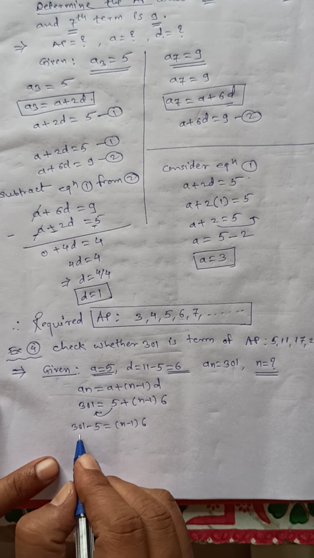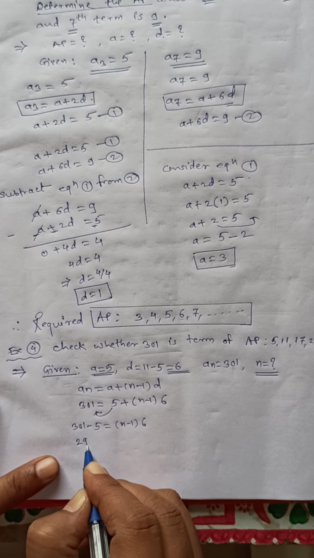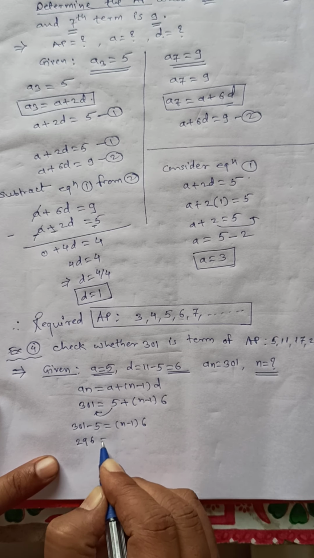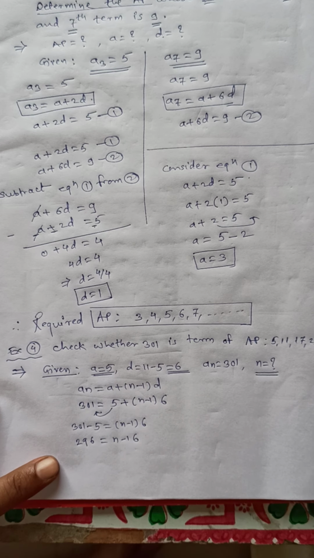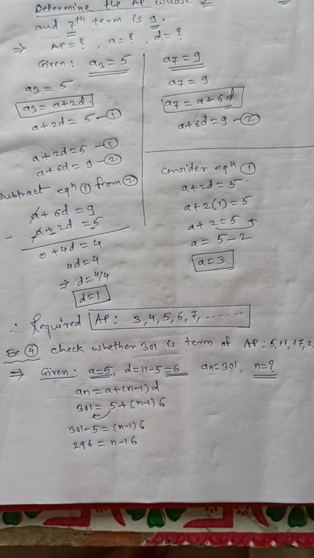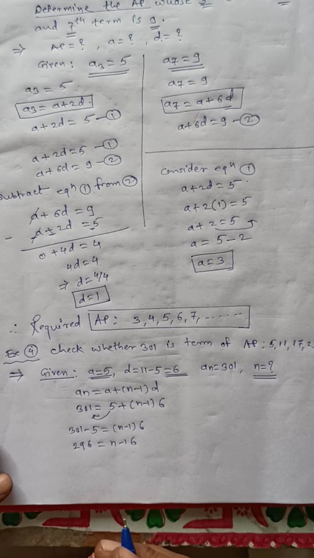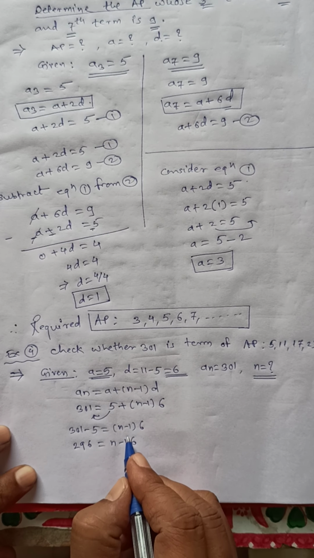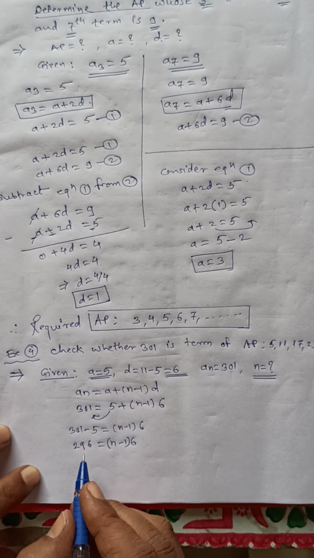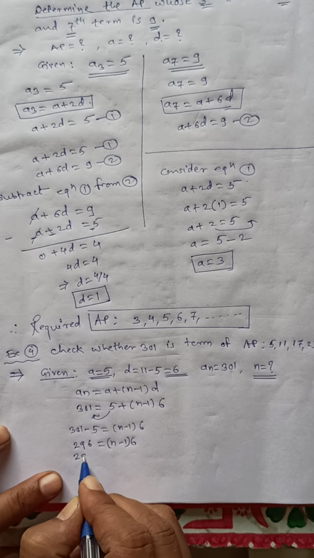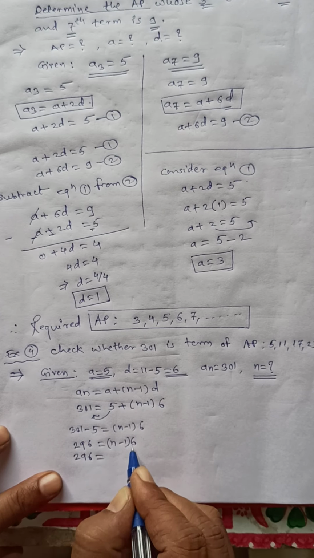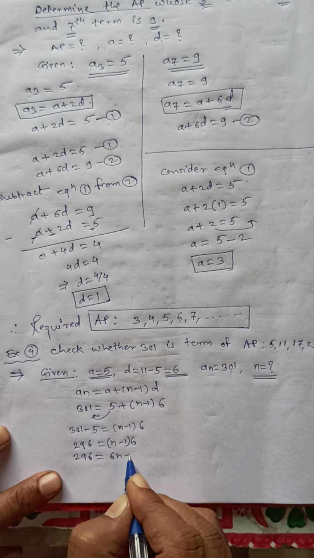So 301 minus 5 is 296, equal to n minus 1 into 6, so 296 is equal to 6n minus 6.